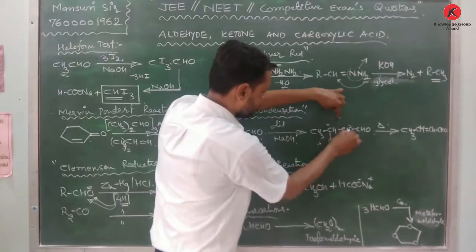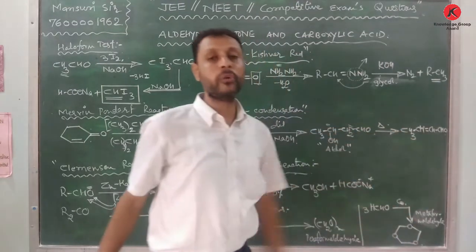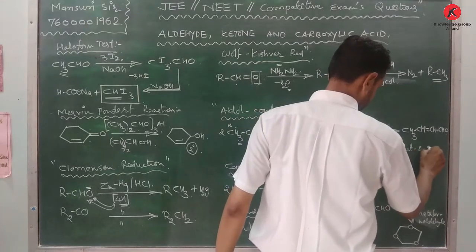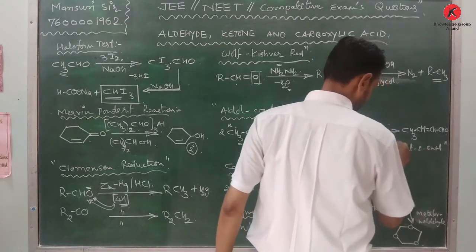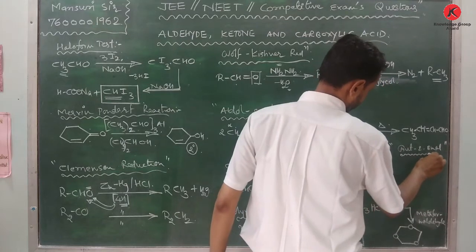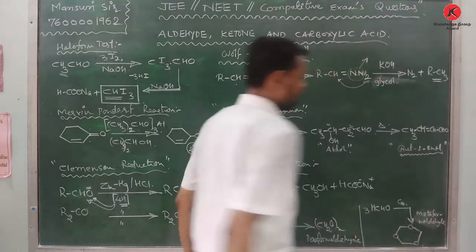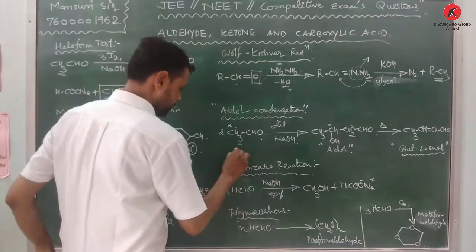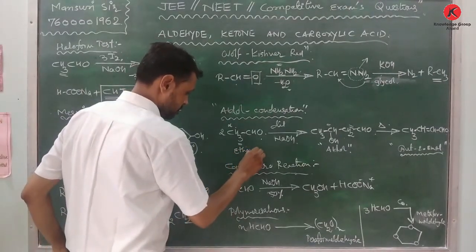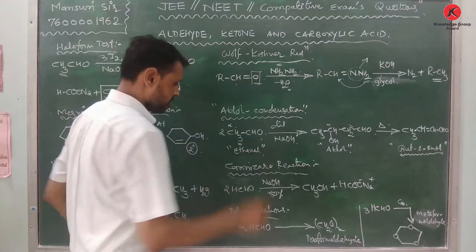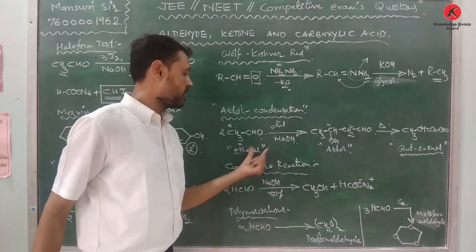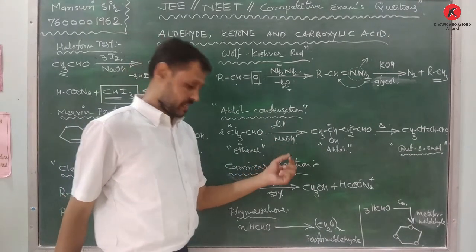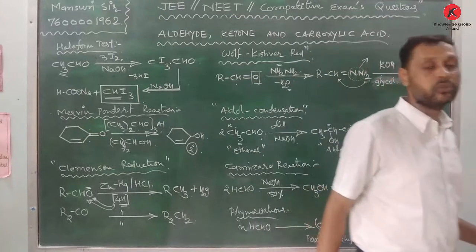That is why butenal is obtained. So ethanal reacts with dilute NaOH, 2 moles of ethanal which contain alpha hydrogen.